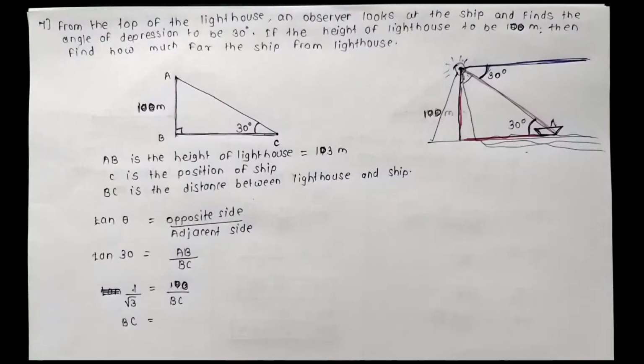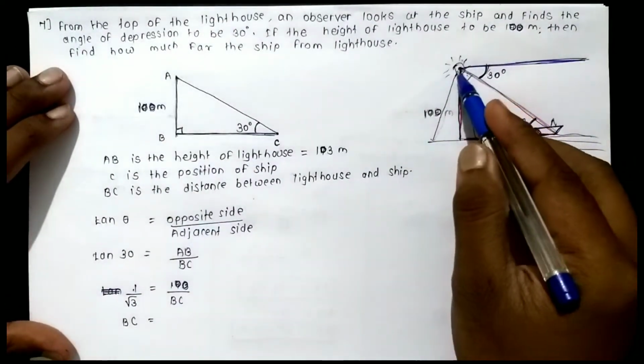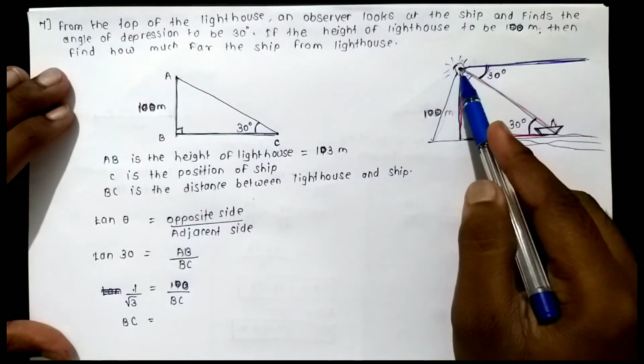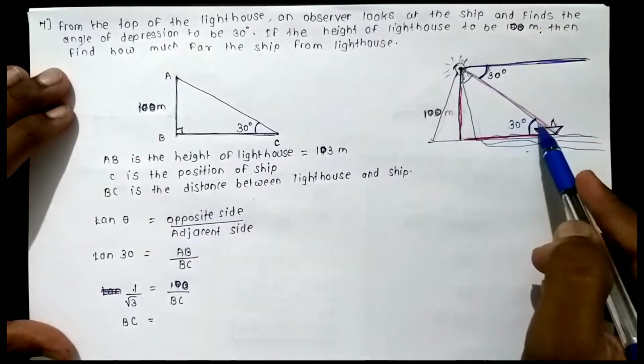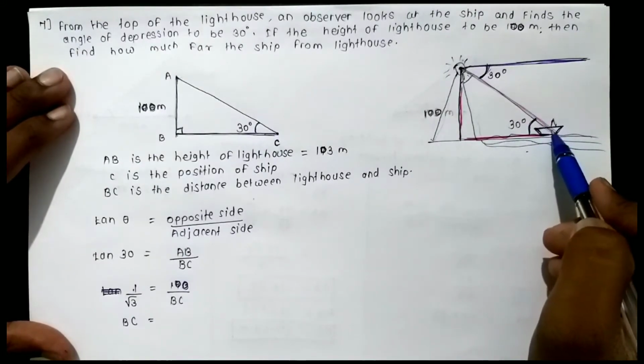Now from the top of the lighthouse, an observer looks at the ship and finds the angle of depression is 30 degree. So this is our lighthouse, and from here the observer looks at the ship and makes an angle of depression of 30 degree.